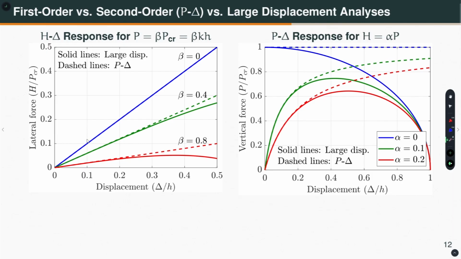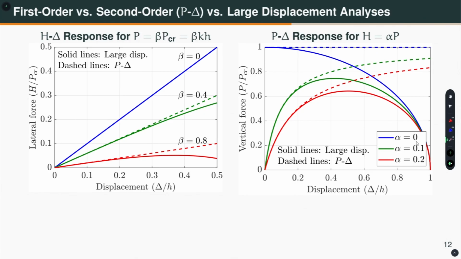Okay. So, the takeaway is for most structural engineering problems, especially in the field of earthquake analysis and design, we are okay to consider simplified P delta analysis, but mostly, not always. I shall show you exceptions. And so, what I was mentioning in the previous slide, if I now look at the vertical force versus the displacement, okay. If I do a simplified P delta analysis or elastic critical load analysis, this is my Euler critical load. Okay. So, for alpha equal to 0, there is no lateral force, right.